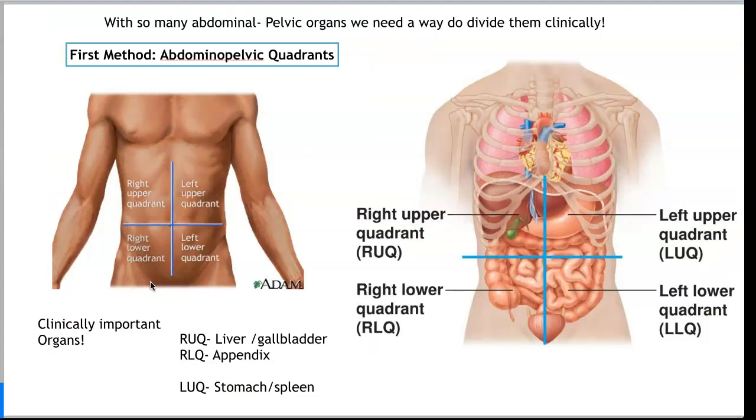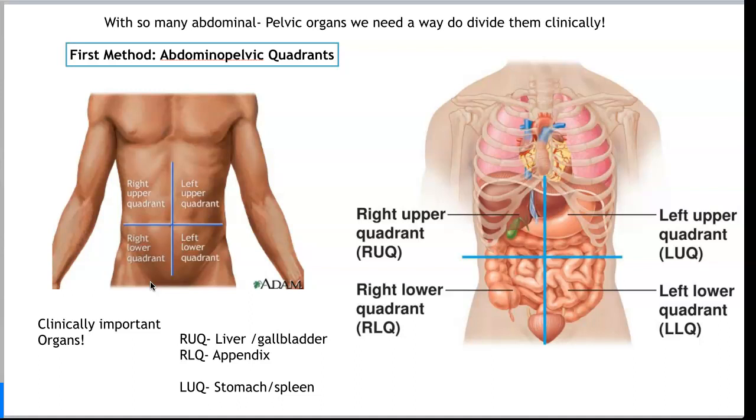We have so many abdominal organs. We need to get them organized and divide them so we can talk about them clinically. So if a patient comes in to see you, we can use words that will help describe where the patient's pain is and what organs, depending on where the pain is, might be involved.